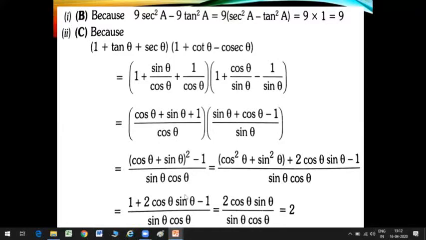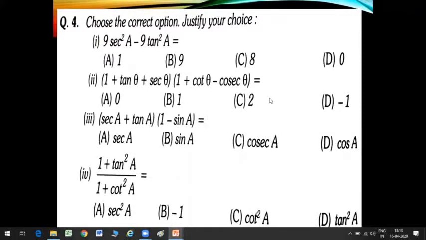So write 1 plus 2 cos θ sin θ minus 1, divided by sin θ cos θ. The 1 cancels, which gives 2 cos θ sin θ divided by sin θ cos θ. Sin θ cos θ in the numerator and denominator cancel. Answer is 2. So for the second part, the correct option is C, 2.